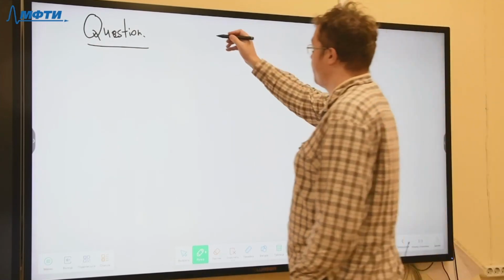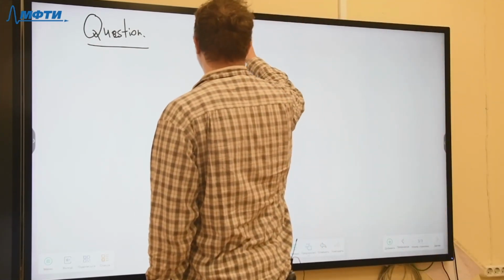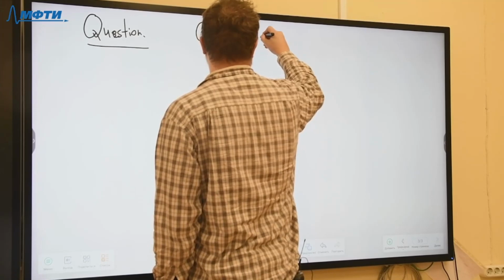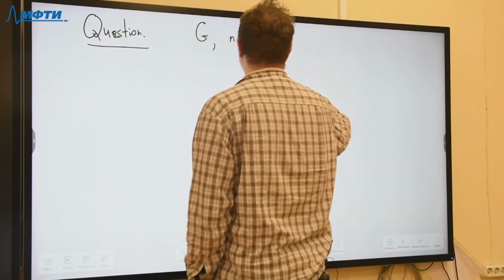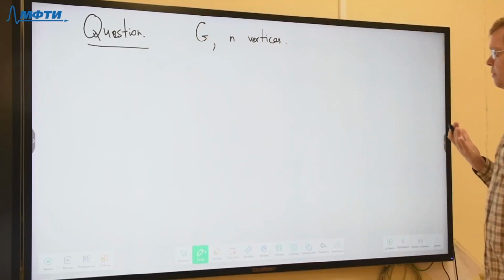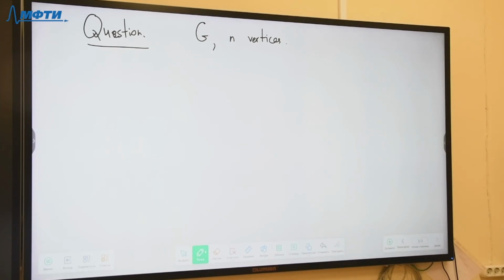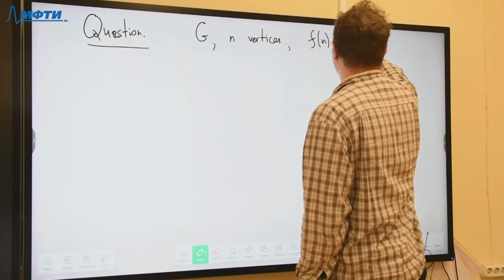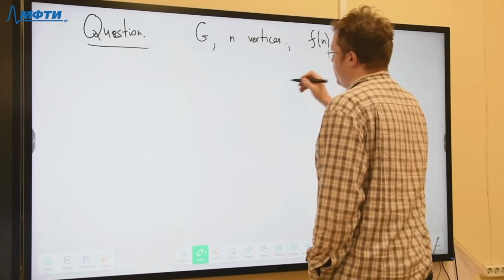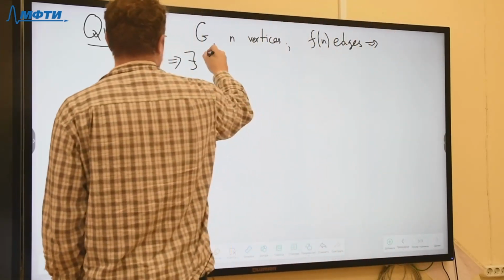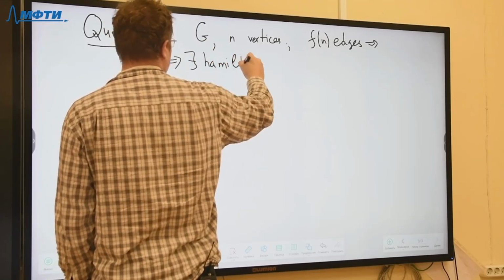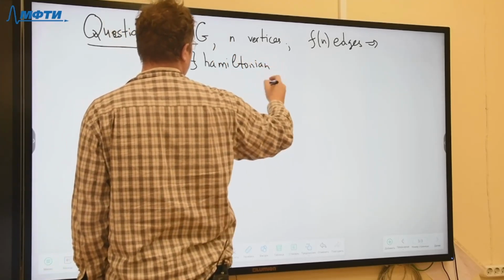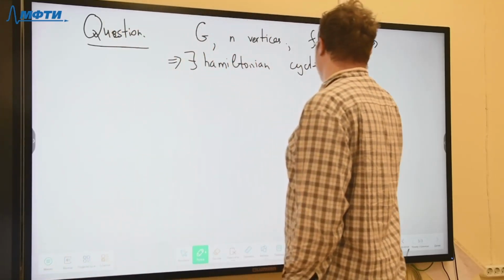Suppose we have graph G with n vertices, can we find some estimate f of n edges to be guaranteed that we have a Hamiltonian cycle, or maybe a path?